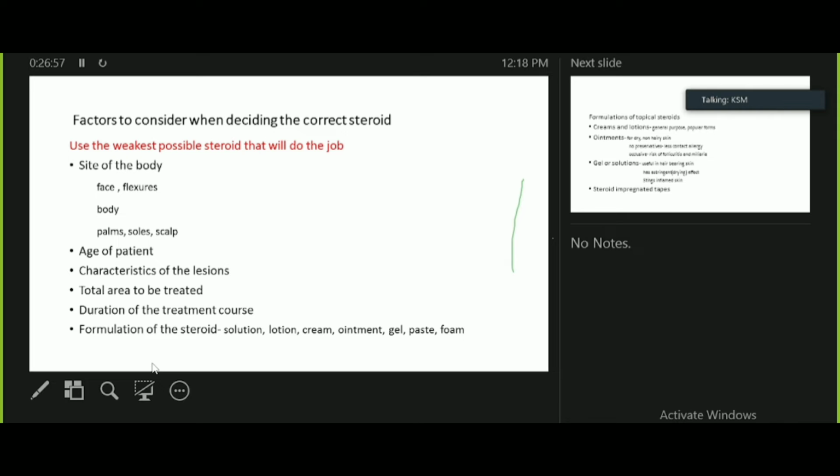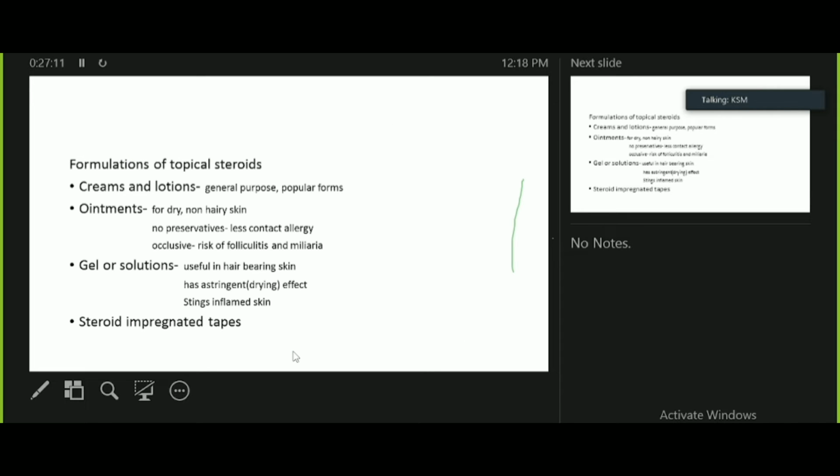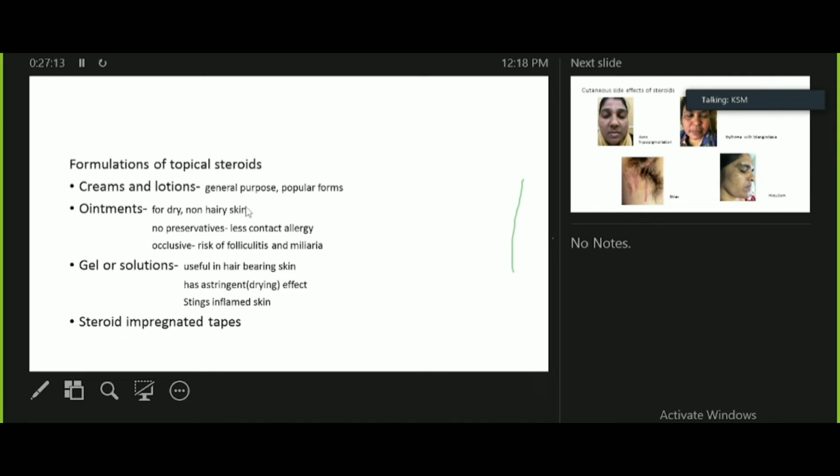Again, the duration of treatment matters. If you keep on applying steroid for a longer duration, the cumulative dose absorbed is high. Then the formulation of the steroid. As I said, there are different forms, and creams and lotions are the most popular forms for general purpose.